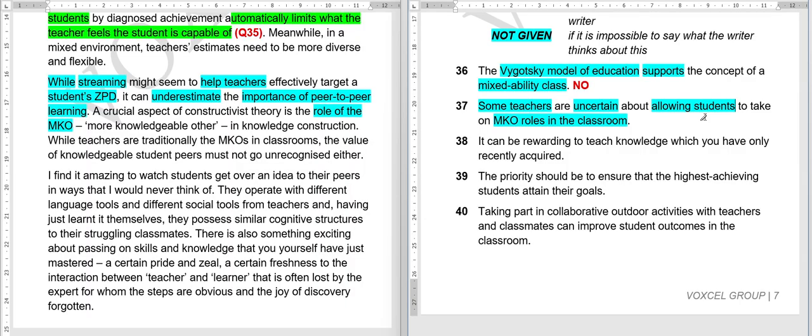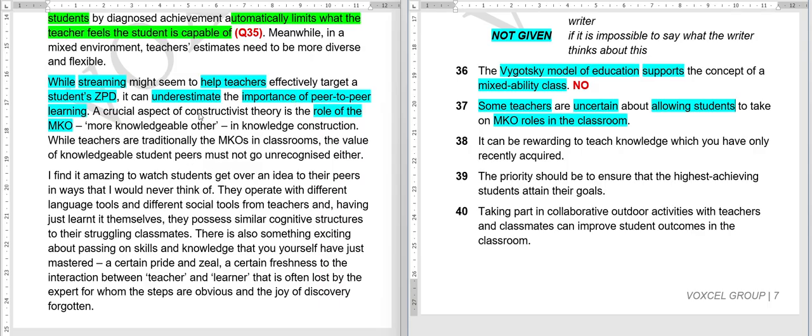But if the teachers are certain that it is beneficial if students take on MKO roles in the classroom, if teachers welcome this kind of thing, then the answer will be no. And if we don't know whether teachers are uncertain or certain about that, the answer will be not given. Let's see. Sorry about that, guys.